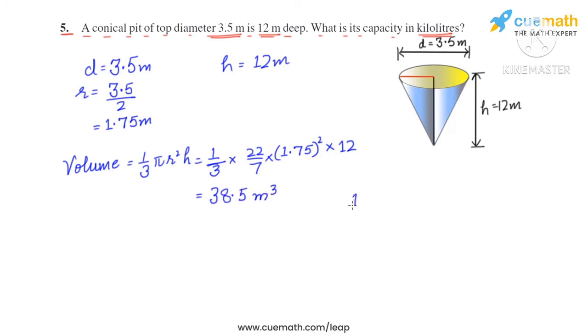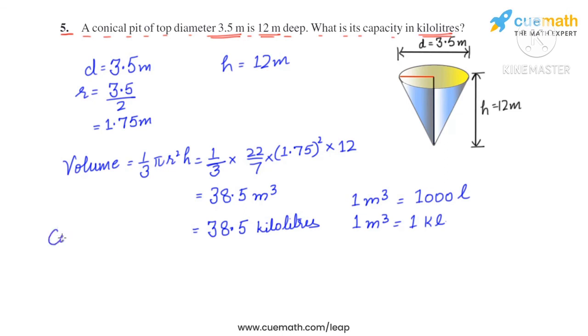Now we know that 1 cubic meter is equal to 1000 liters, and 1000 liters is nothing but 1 kiloliter. It means 1 cubic meter is equal to 1 kiloliter. So 38.5 cubic meters will be equal to 38.5 kiloliters. So the capacity of the pit is 38.5 kiloliters.